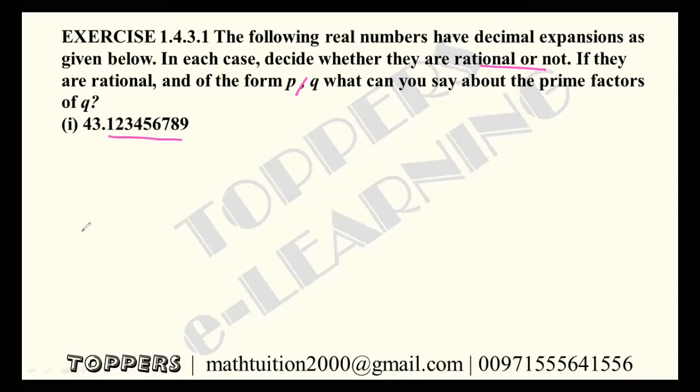So it's terminating, right? Terminating decimal expansion. So it's a rational number if it is in the form of P by Q. What will be the specialty of Q? The prime factorization of Q will be in the form of 2 raised to m into 5 raised to n.